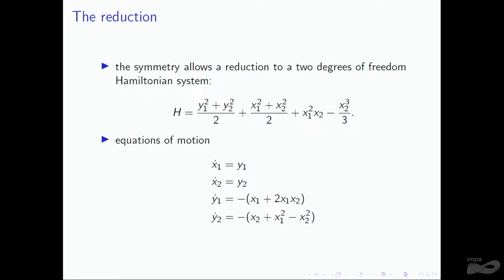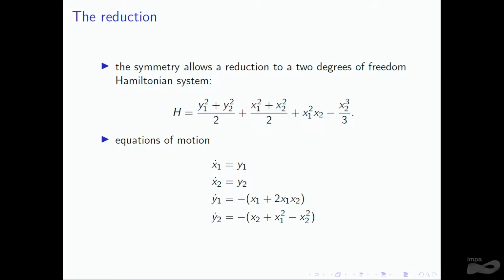And the equations of motion of the star would be this one. It's a very, very simple system. Sometimes we could see some parameters in this potential part, but the original potential was taken to be this one here.